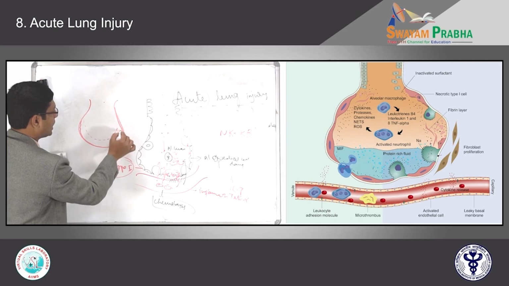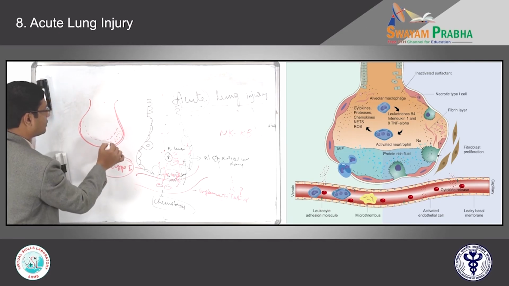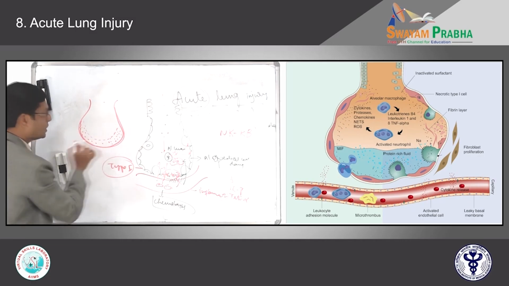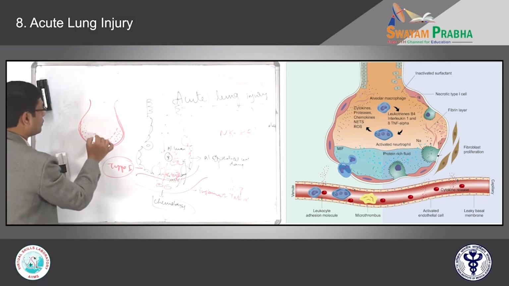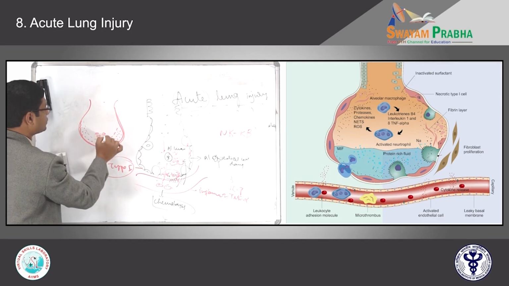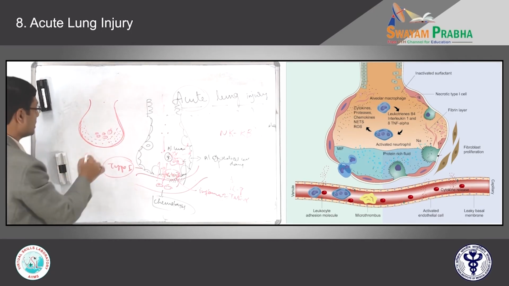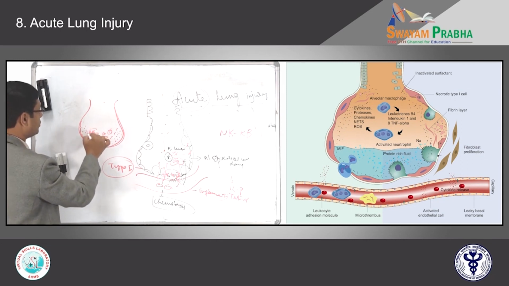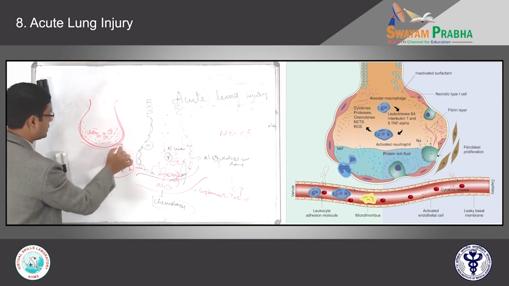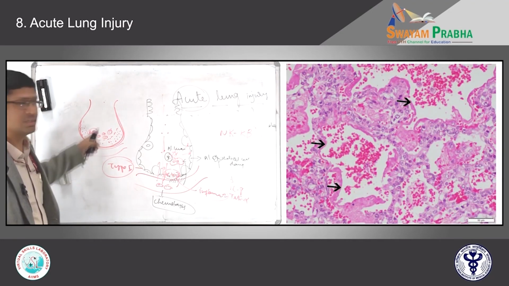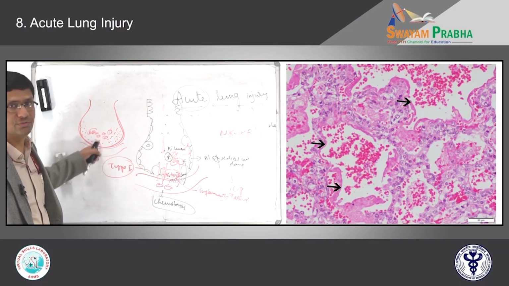All the nuclear and cytoplasmic debris of the fragmented and damaged cells will be entrapped in this fluid. You will see more inflammatory cells, lymphocytes, neutrophils and macrophages, and you may see red blood cells also because of capillary damage. So this will impair the oxygen diffusion.